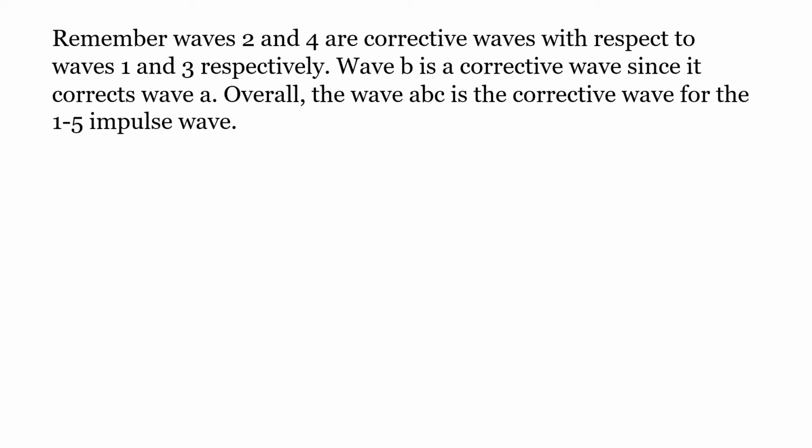Remember, waves 2 and 4 are corrective waves with respect to waves 1 and 3 respectively. Remember from two lessons ago, we covered what the Elliott waves look like. This would be wave 1, this would be wave 2, this would be wave 3, 4, and 5.